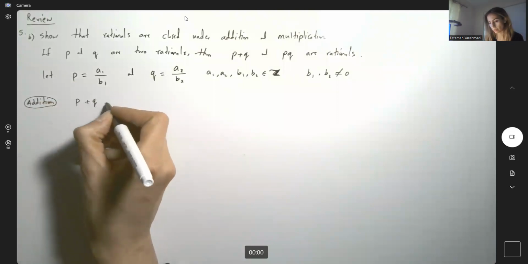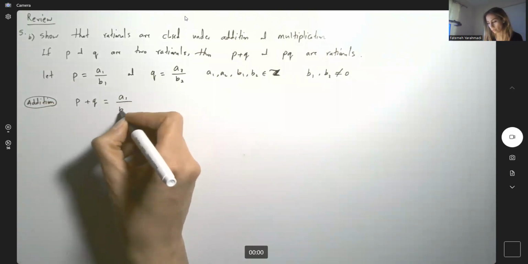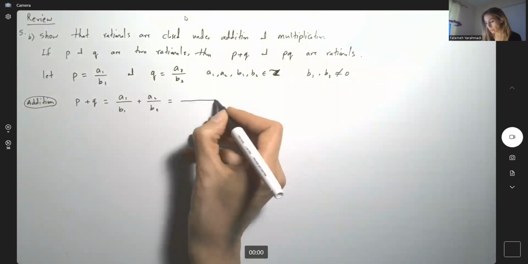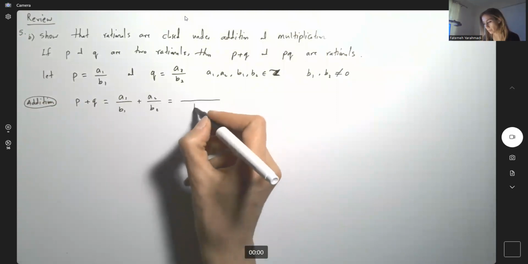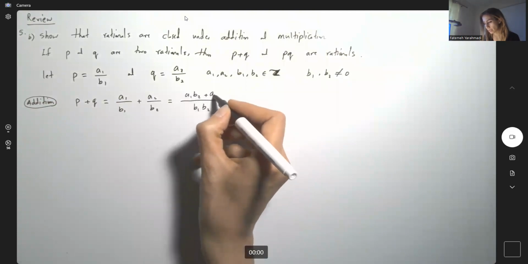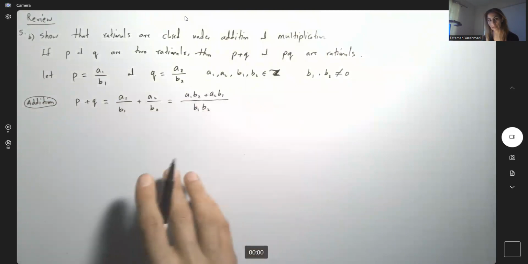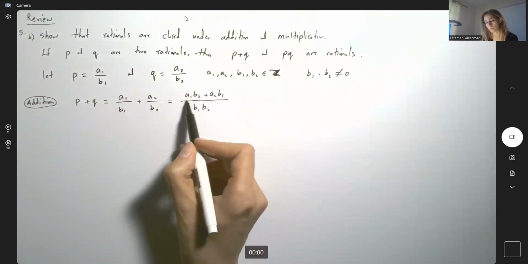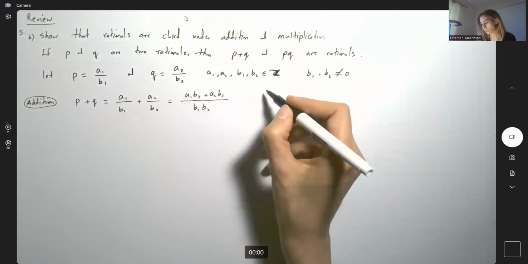P plus Q is equal to A1 over B1 plus A2 over B2. So let's take a common denominator between them, B1 B2. So you get A1 B2 plus A2 B1. Now let us stop and analyze this. On the numerator, you have multiplication of two integers.